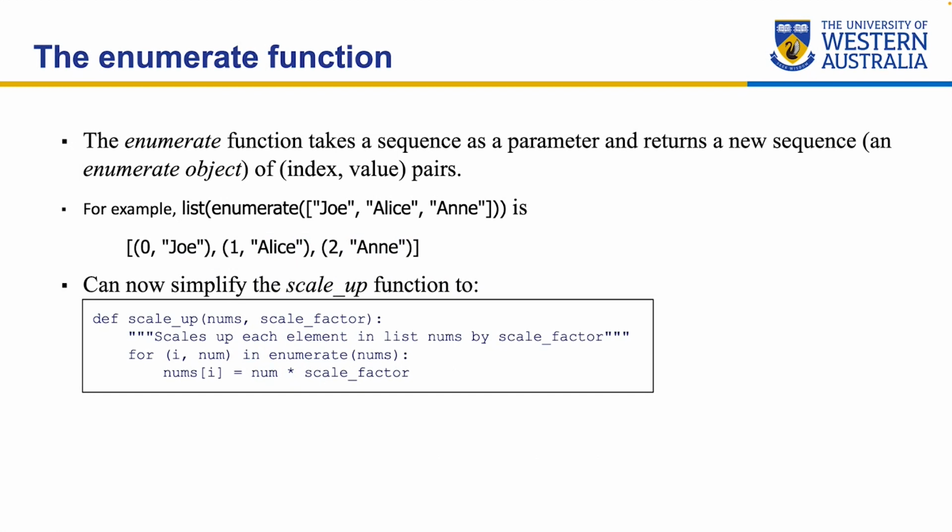Okay. Another option in this area is to use the enumerate function. The enumerate function takes a sequence as a parameter and returns a new sequence, which is an enumerate object in the format of index value pairs. So this is actually very useful because the original list is now returned in another list, but in the form of tuples that contain the index and its original value.